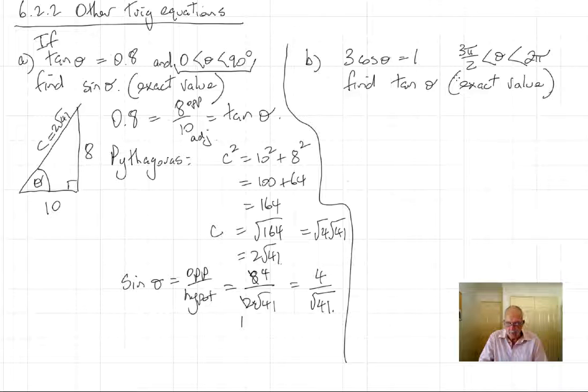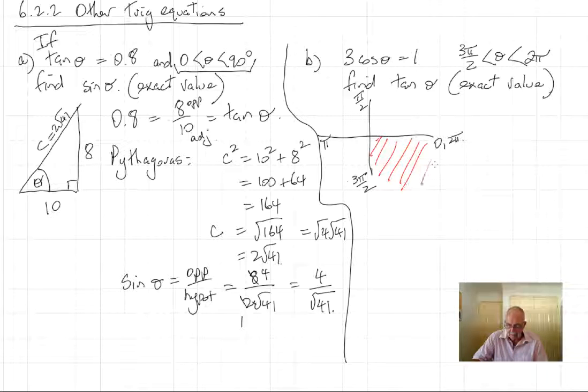So it's not as straightforward as this. We don't know what cos of theta is. And we know that theta lies between 3 pi on 2 and 2 pi. So a quick sketch, 0, pi, pi on 2, 3 pi on 2, and 0 is, we come back here to 2 pi. So if theta lies between 3 pi on 2 and 2 pi, then theta is going to lie in this quadrant here.